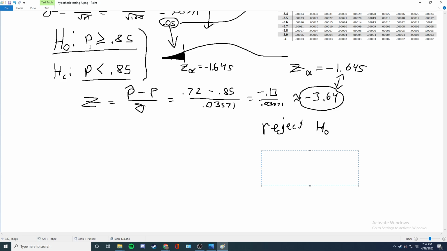So, since we rejected the null, we can say that there is sufficient evidence to say that the call center's claim of 85% is inaccurate. Reject H0.